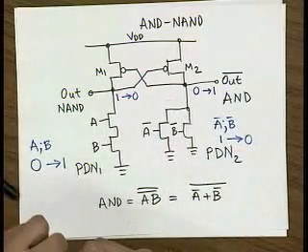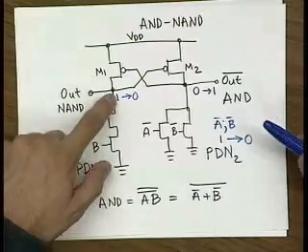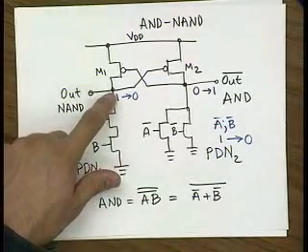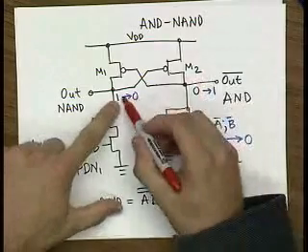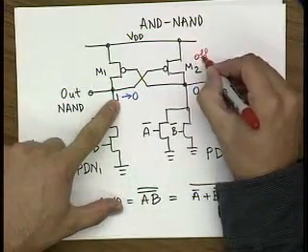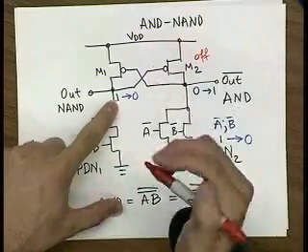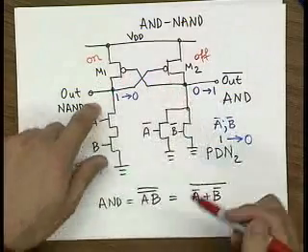So what you have now is that this NAND output will start changing. So let's see, if this one was at 1, this one was initially off, and if this one was at 0, this one was initially on, right?